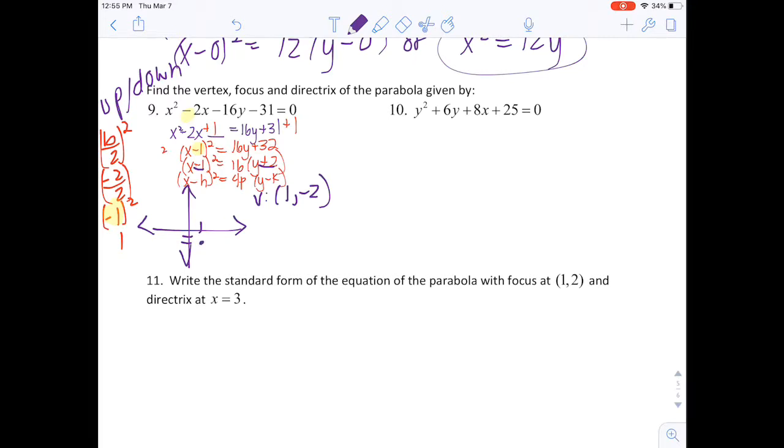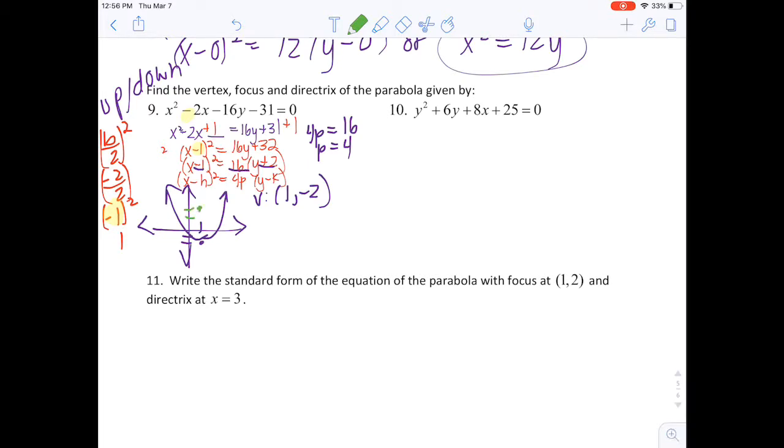Okay, 4p is going to equal 16, so my p equals 4. Now, I can also tell that since this is positive, I'm going to be going upwards. So that's upwards. Then let's go 4. 1, 2, 3, 4.